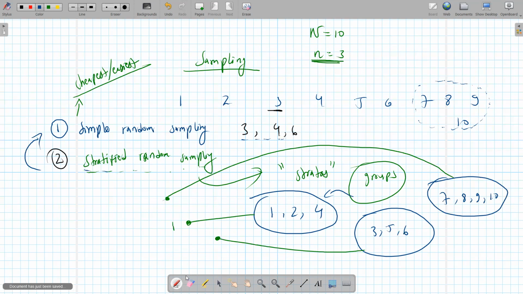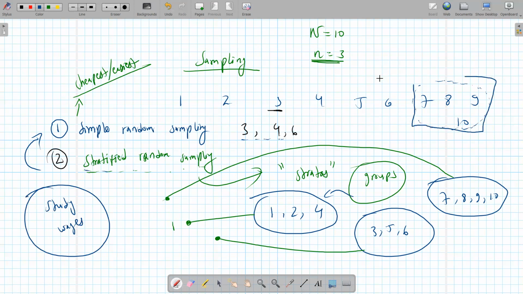Let's say we're trying to study the wages of a city or whatever. And let's say these are the high income people. These are the low income people, and these are in the middle. Now, if you pick a simple random sampling of 3, 4, 6, you didn't pick any of the high earning people, you'd make a conclusion that the wages are kind of in the middle, right?